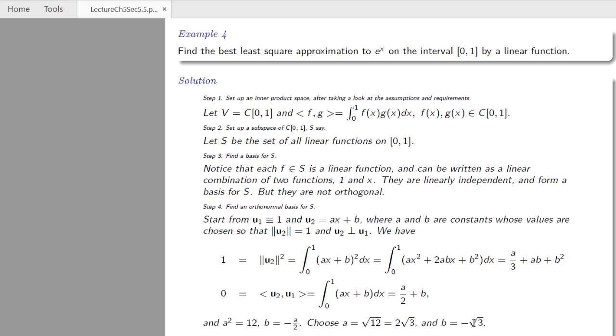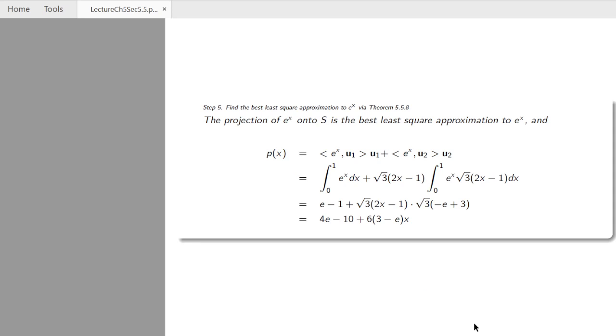Then the next step is we want to find the best linear square approximation to e to the x based on theorem 5.5.8.